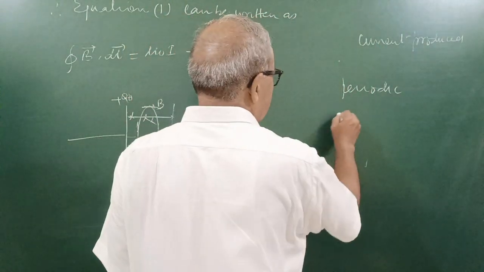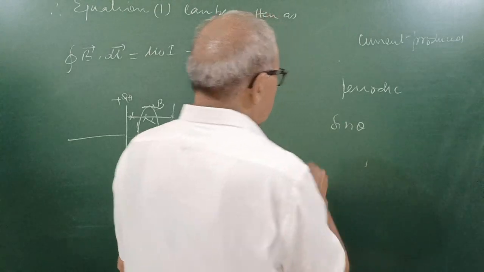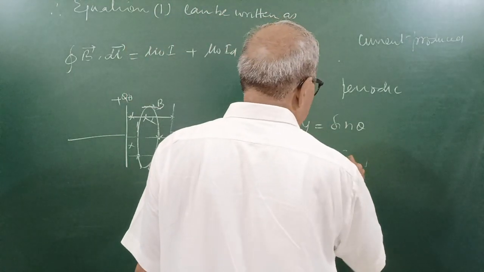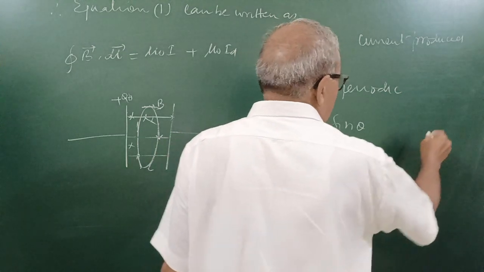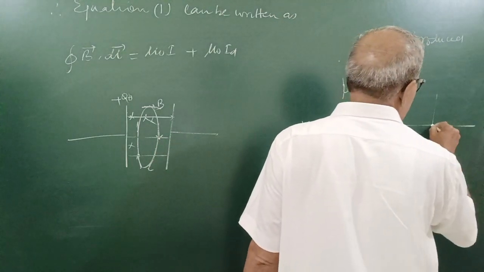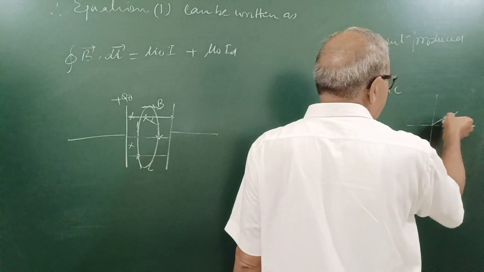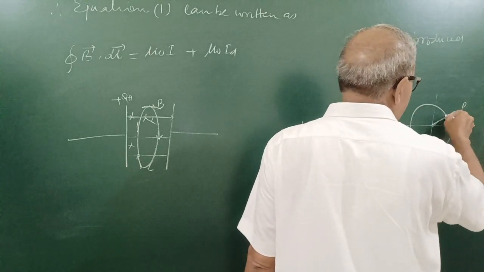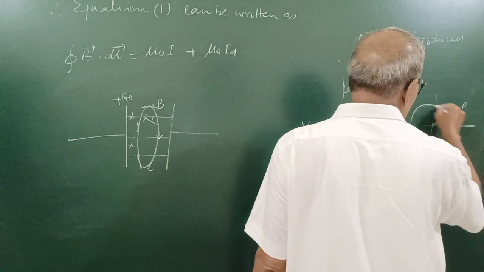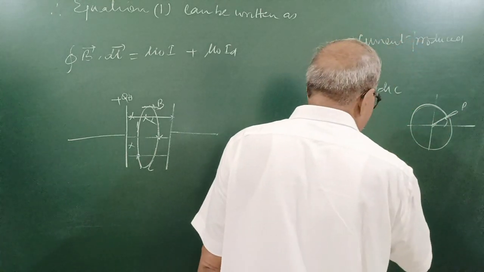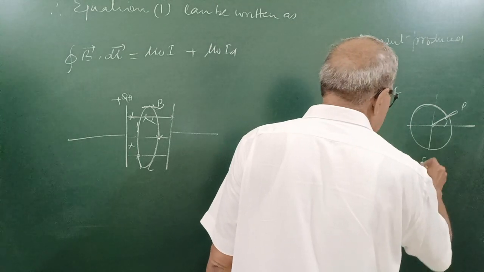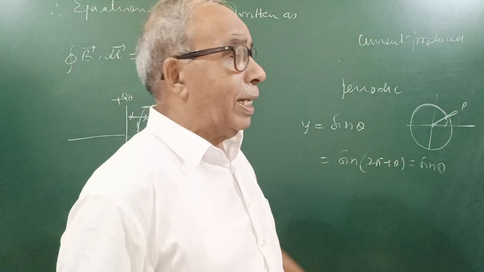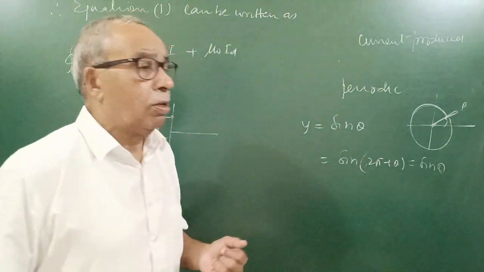You know, in trigonometry sin theta is a function, y equal to a sin theta. Suppose theta is this. If we are rotating this position vector like this, then we have turned through angle 2 pi. So 2 pi plus theta again gives sin theta. So after every change of 2 pi, we get the same value.